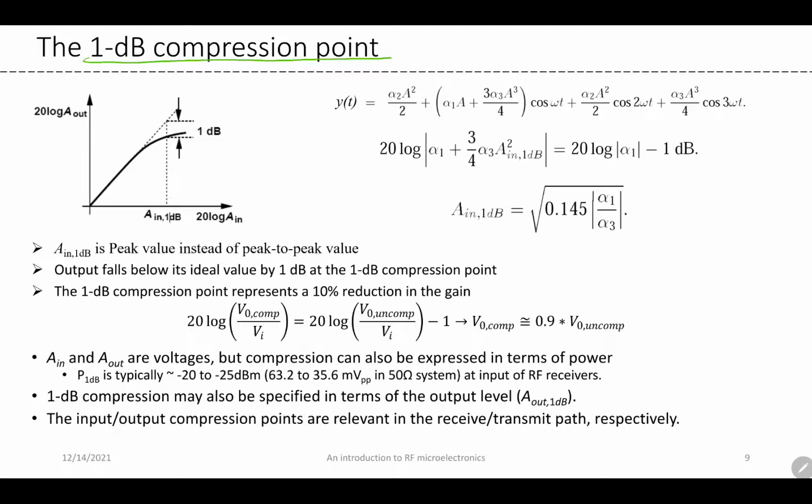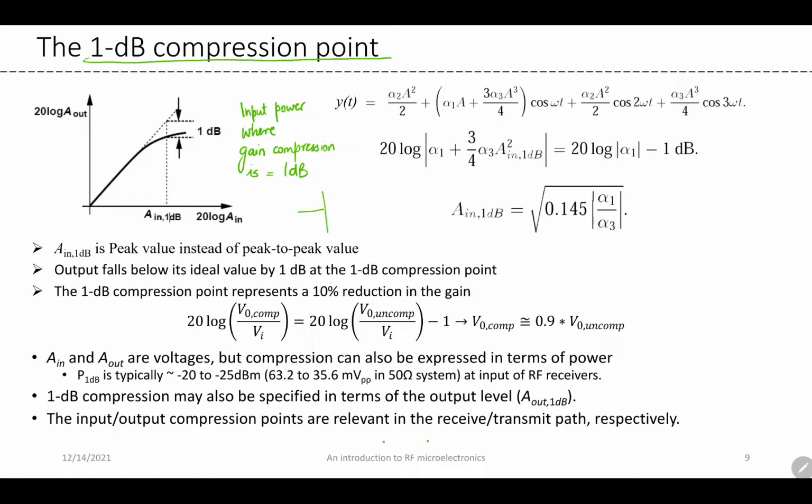The 1 dB compression point is the input power where gain compression is equal to 1 dB.